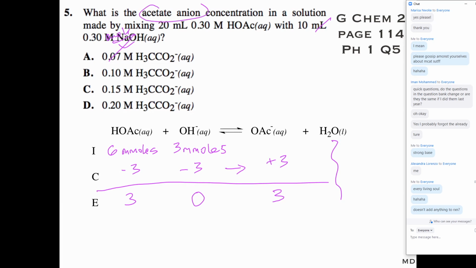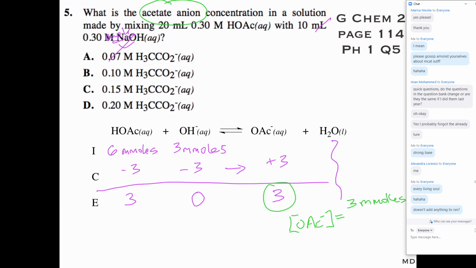And so they're asking for acetate anion, which is this one right here. Actually, you know what? I'm going to color coordinate it. And so the molarity, the concentration of OAc minus, what are the units of concentration? Moles per liter, perfect. So I'm going to go with 3 millimoles.